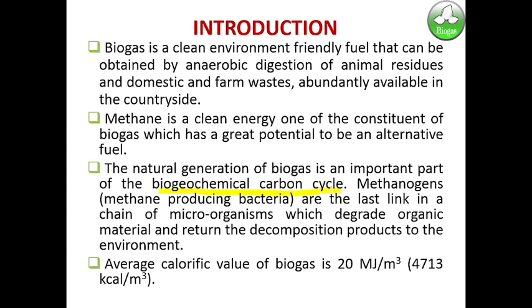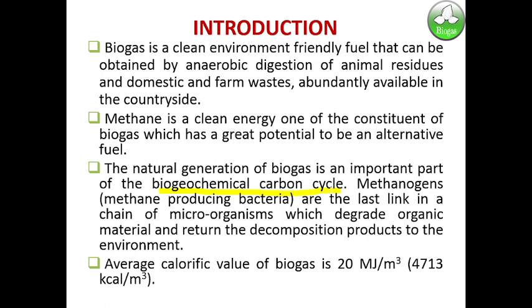As compared to the biomass itself, the calorific value is very low, almost 1 to 2 or 3 and 4, maximum 5 megajoule per meter cube. But for the same 1 kg of biomass, biogas is 20 megajoule per meter cube. So this is very high, a 3, 4, or 5 fold increase as compared to the biomass itself. So biogas is the most concentrated form of the energy of the biomass, we can say.